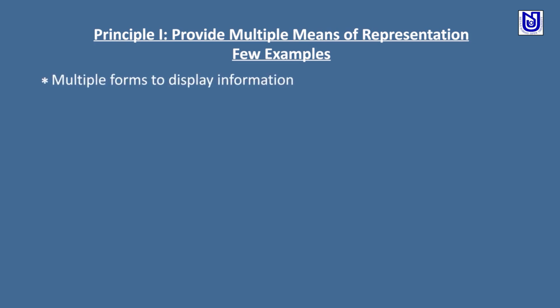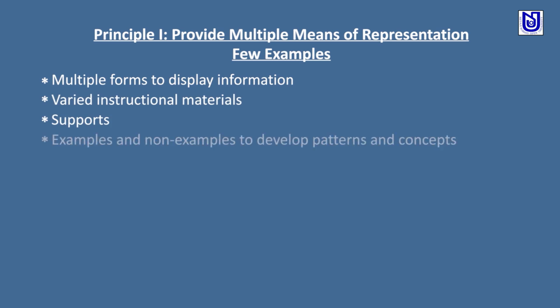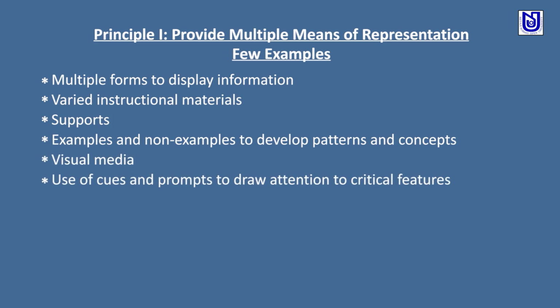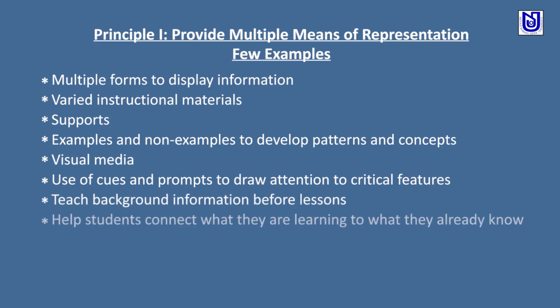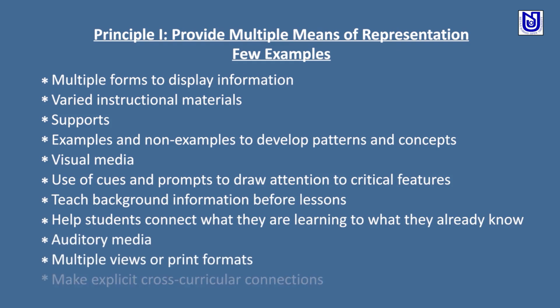So, you can provide multiple forms to display information, then varied instructional materials, supports or scaffolding can be given to them, examples and non-examples to develop patterns and concepts, then visual media, use of cues and prompts to draw attention to critical features, teach background information before lessons, that was already mentioned, help students connect what they are learning to what they already know, then auditory media, multiple views or print formats, make explicit cross-curriculum connections. That is also very, very important and useful.